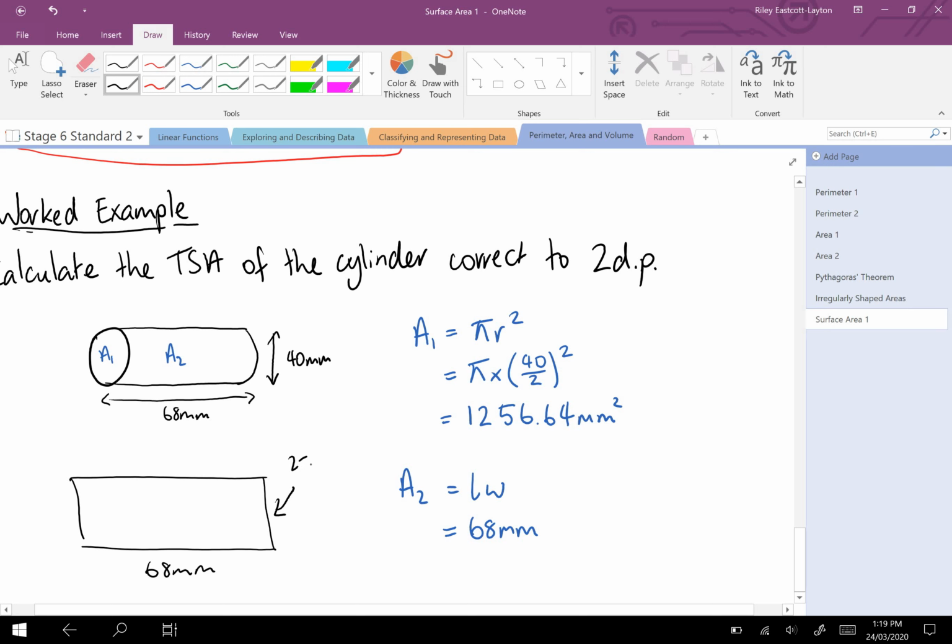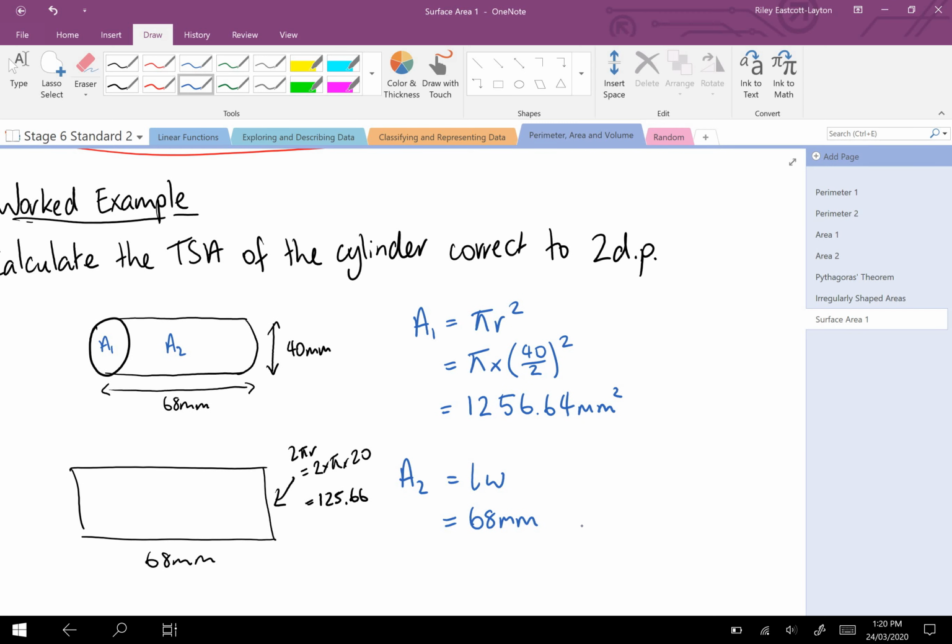So it's going to be 2 pi r, which is 2 times pi times r is 20. So we've got 2 times pi times 20, 125.66 millimeters. So I'm going to add that in, times 125.66.